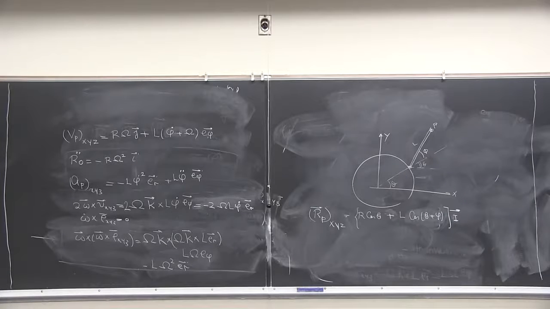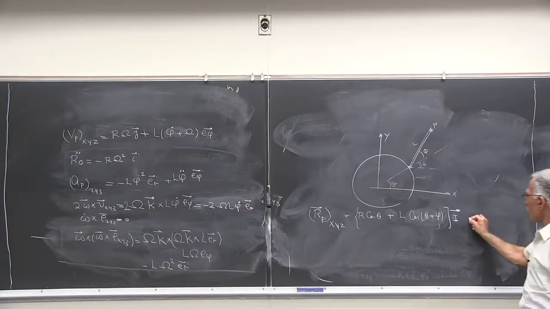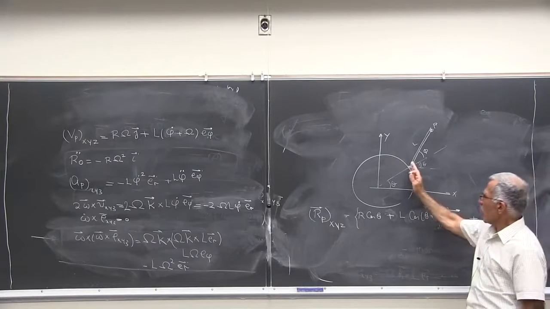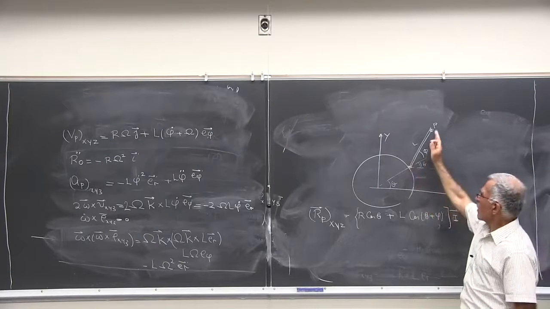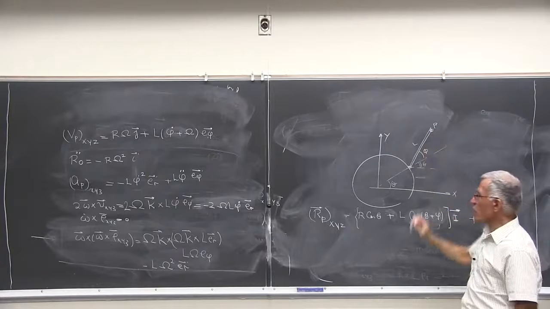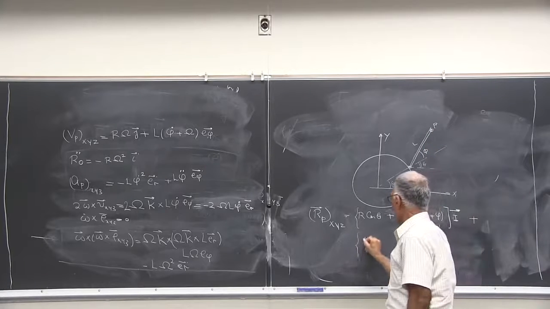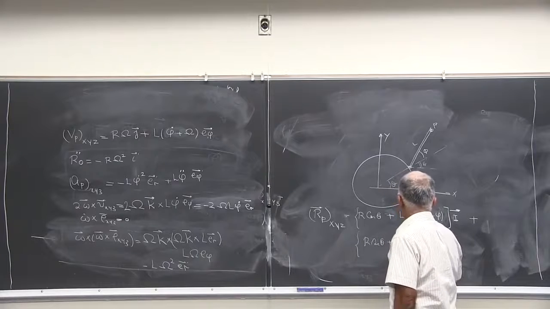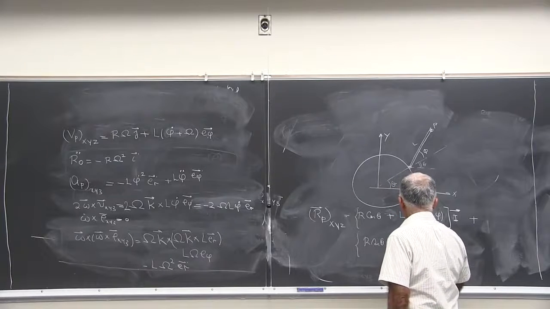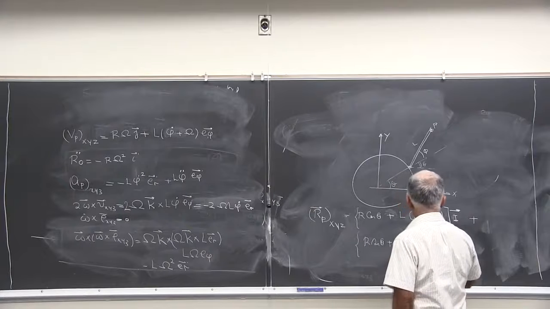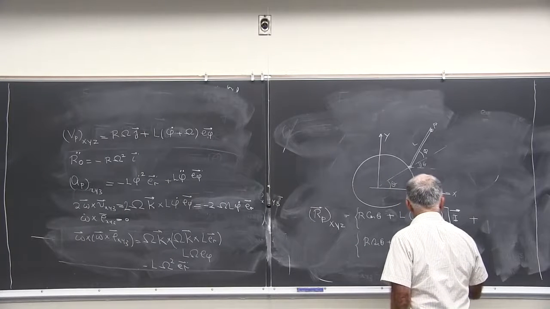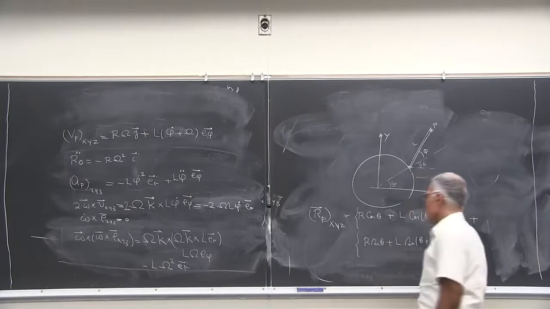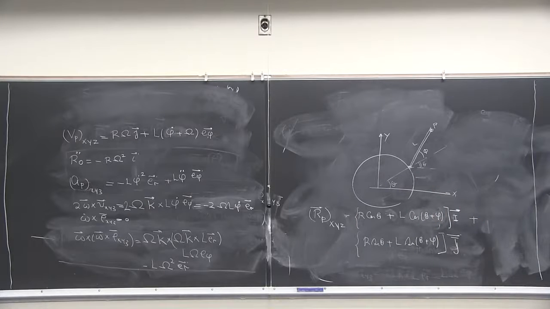If I want to know the y component at any time, that's not a problem. That's going to be r sine theta plus L sine theta plus phi, and that's capital J. So that's the position.